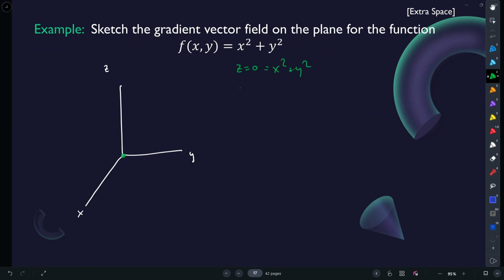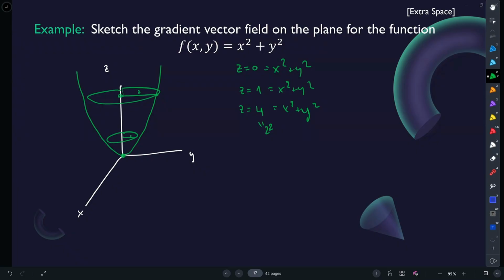For z equals 1, I get a circle of radius 1. For z equals 4, I get a circle of radius 4. So it is a paraboloid. Yes. Sorry. Yes. Very good. Like that. But in any case, it is a paraboloid.